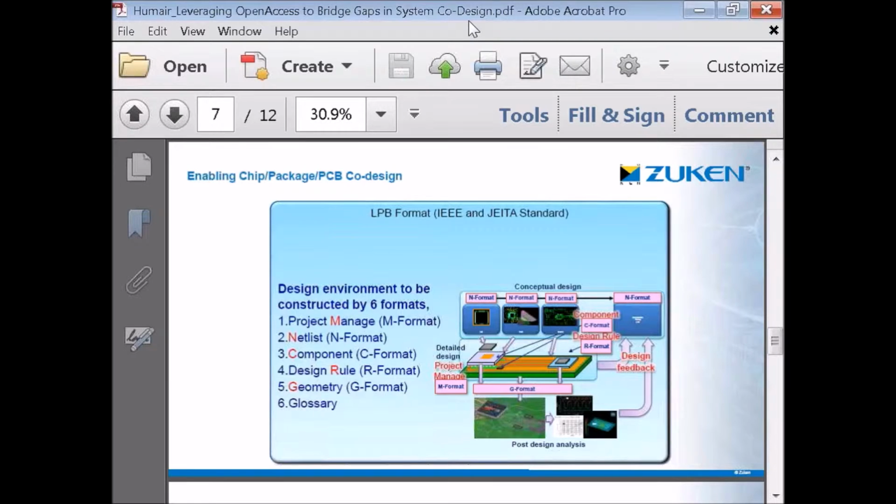How can you exchange that? So we've been working initially with IEEE and JEDA for this format called LPB, and we're looking to work in the co-design work group as well to see if we can help support it with the efforts that we have here with a unified data model that has the information for the net list, the geometry, the component information, the design rules and such. So I'll explain how we're using that as well. So if we can go to the next slide.